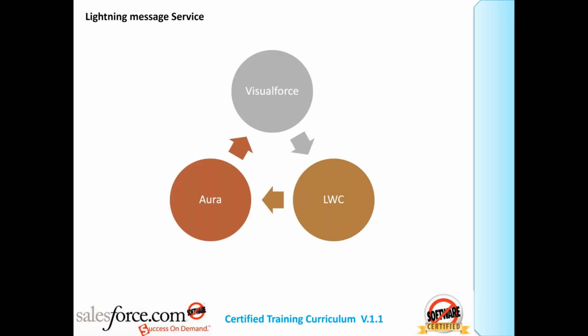It communicates between the frameworks. From the Visualforce framework, you can pass data to Lightning. From there, you can pass data to LWC. LWC can pass data to Lightning, and this keeps on going. Perfect, guys.